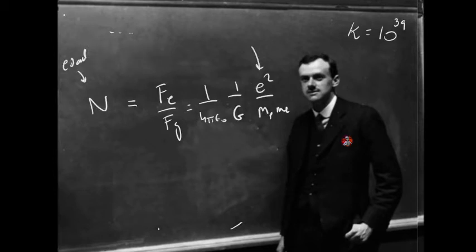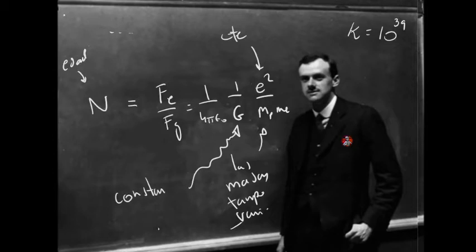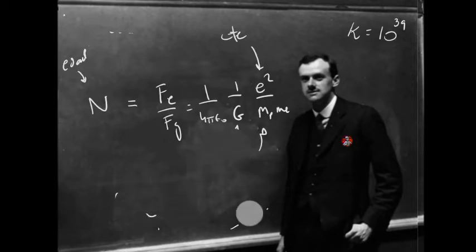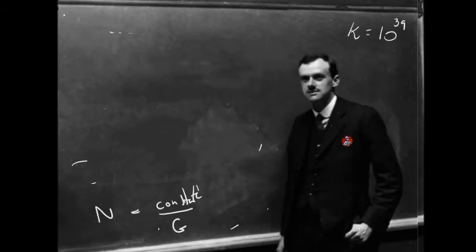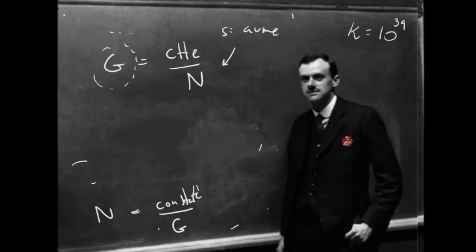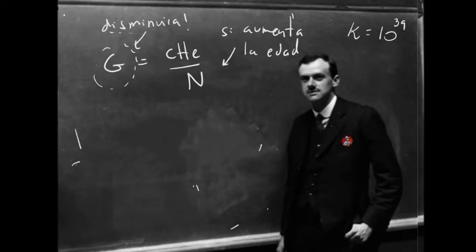The most convenient way of thinking of that is to use atomic units which make the electric force constant, and then refer to these atomic units, the gravitational force will be decreasing. The gravitational constant, usually denoted by G, when expressed in atomic units, is thus not a constant anymore, but is decreasing inversely proportional to the age of the universe.